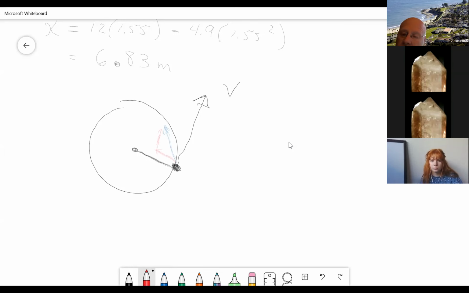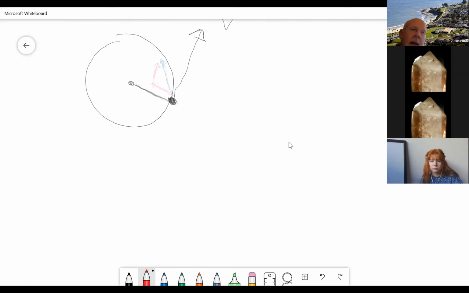In previous parts of this class, when you've been doing two-dimensional motion, you thought of it as X and Y. And we don't like to call it X and Y because, later on, the object is here, and so its velocity vector would be this way, and maybe its acceleration vector would still be this way. And so you would want to break it apart. If this is the radius at that point, you would want to break it apart into how much is radial and how much is tangential.